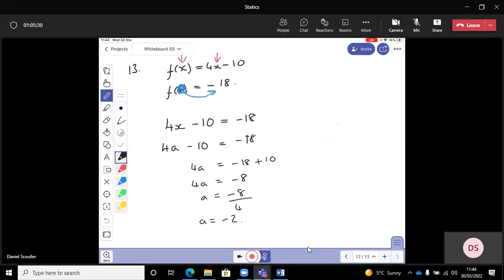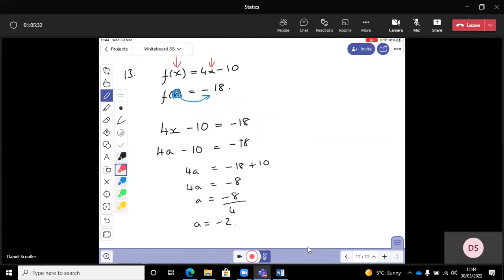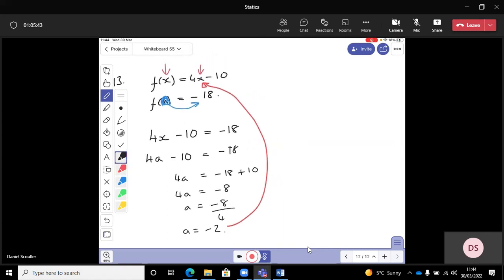Okay, so if I put in negative 2 into that original function, I'll get negative 18 out. Okay, so another way to write that would be f negative 2 equals 4 equals negative 18.